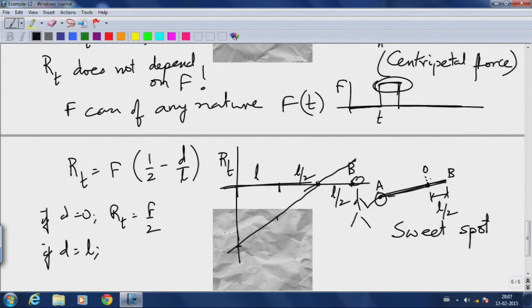So, at this point L over 2, which is 3L over 2 from the end A, the tangential reaction goes to 0.